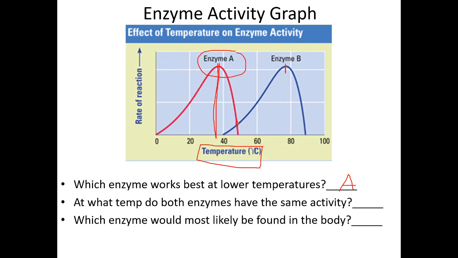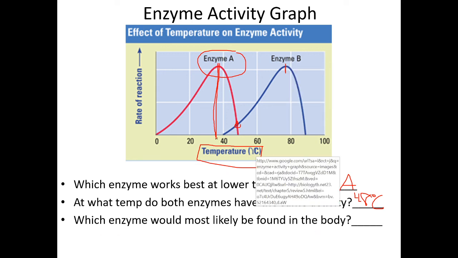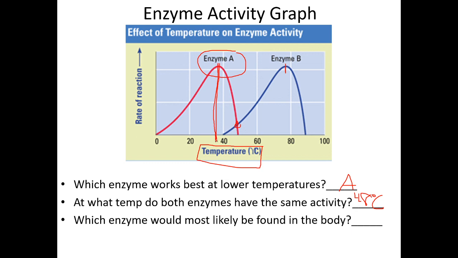It's where they intersect, right here, maybe 48 degrees Celsius. And which enzyme would be most likely found in the body? This one's tricky. Kids want to look here, but this is in Celsius. This is about 37C right here, and that's actually human body temp. So enzyme A actually would work better in the body.